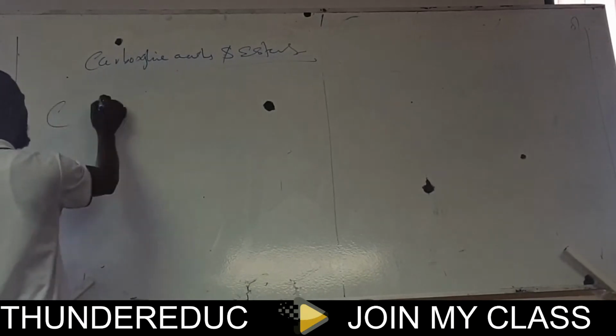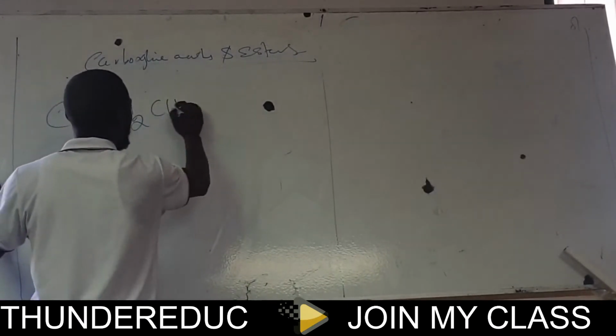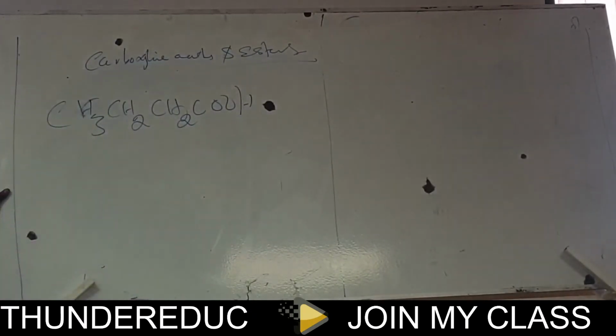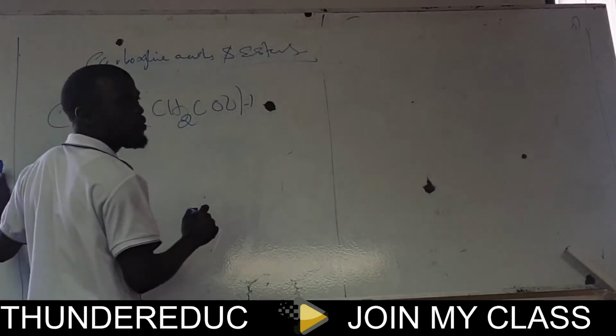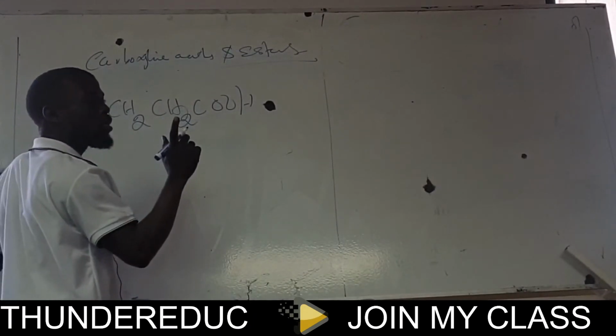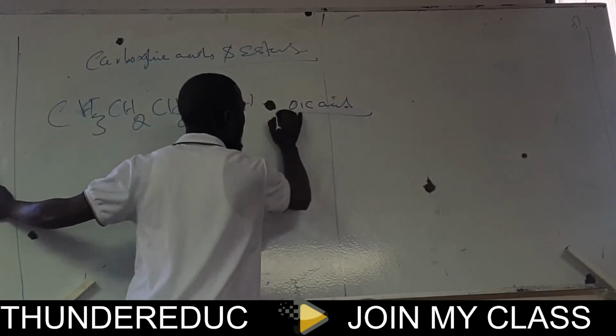Carboxylic acid is CH3 CH2 CH2 COOH. Remind me, how do I end with the carboxylic acids? -oic acid.